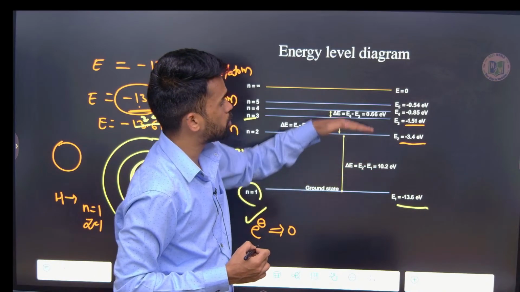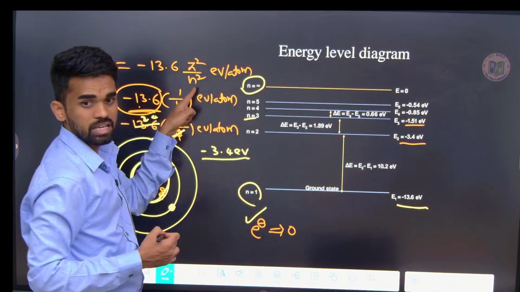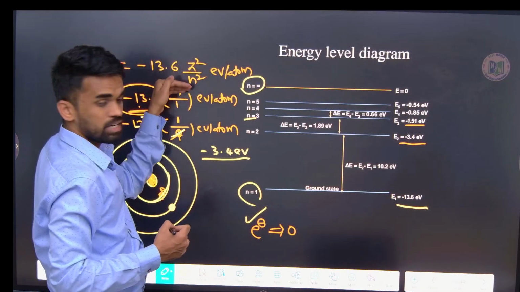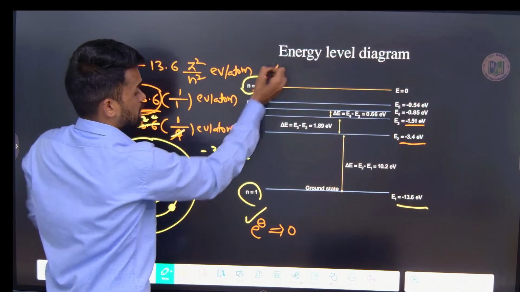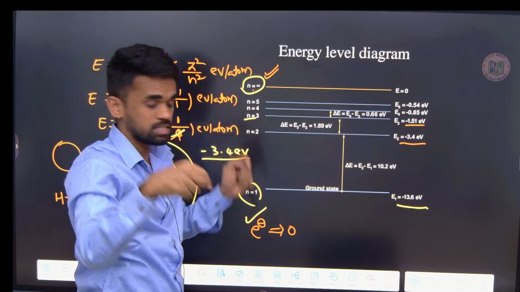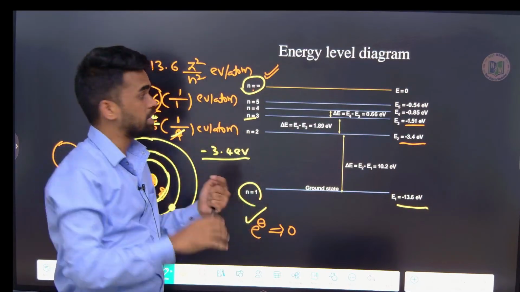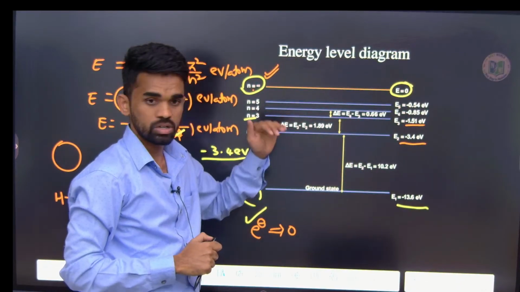Like that we go up to infinity. What is the energy when n is infinity? Something divided by infinity will be 0. What is this indicating? We are keeping the electron at an infinite distance from the nucleus, that is, the electron is now existing independently. That energy is considered to be the 0 state. Is this clear?